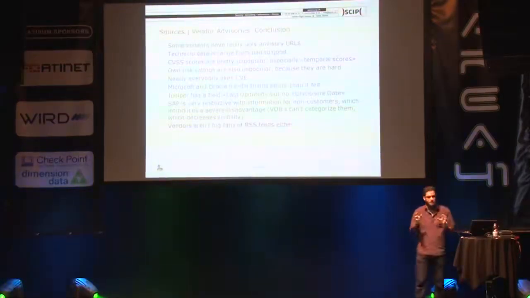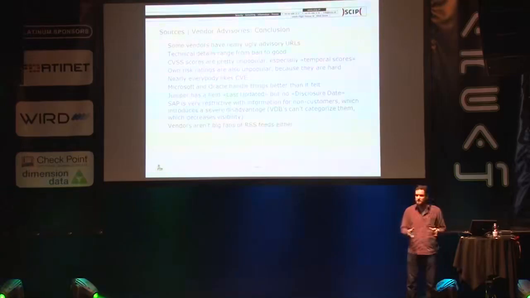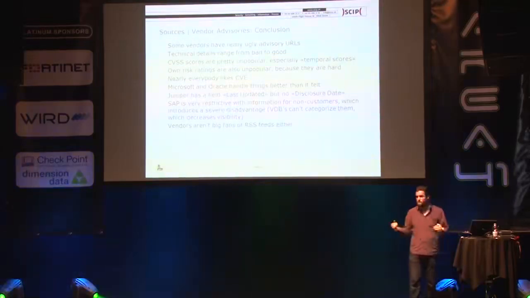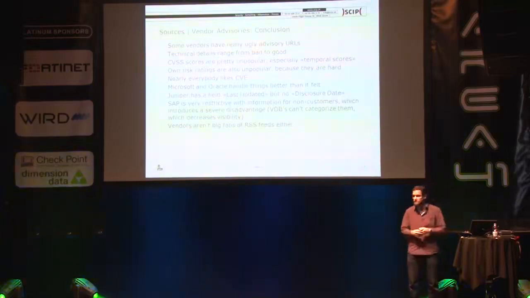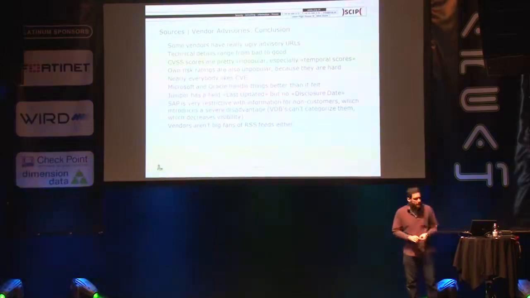But this introduces a big problem for non-customers like us. We are not a customer of SAP, so we can't really add SAP advisories in a timely manner. We have to wait until the information gets public. For example, if another vulnerability database with a customer relationship is able to collect this information, we can get inspired and try to add this entry.